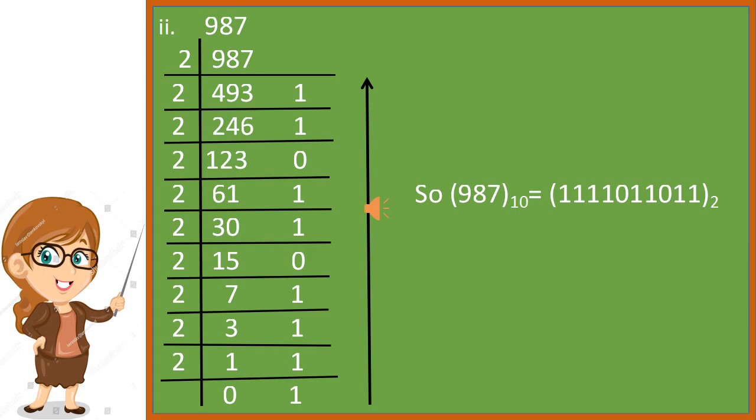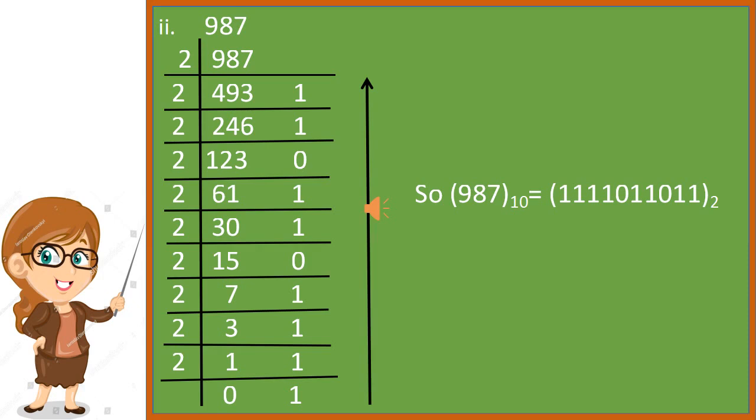Divide 61 by 2. 30 is quotient and remainder is 1. Again dividing 30 by 2, 15 is quotient and remainder is 0. Dividing 15 by 2, quotient is 7 and remainder is 1. Again dividing 7 by 2, quotient is 3 and remainder is 1. Dividing 3 by 2, quotient is 1, remainder is 1.